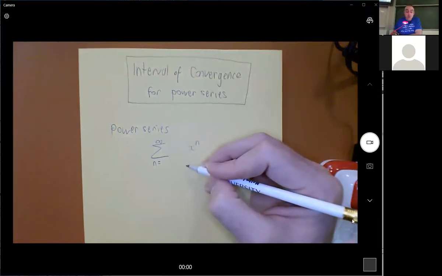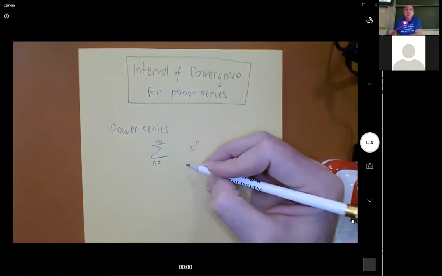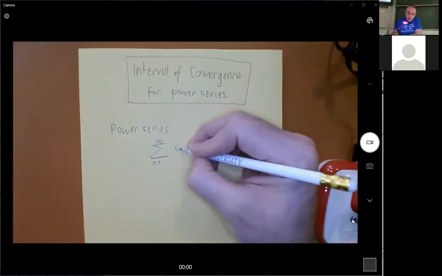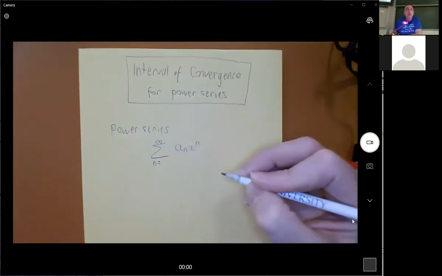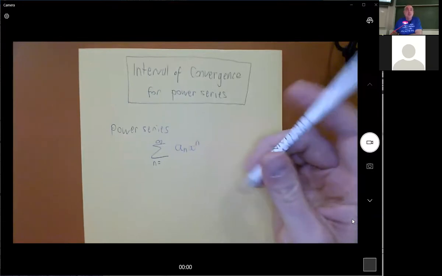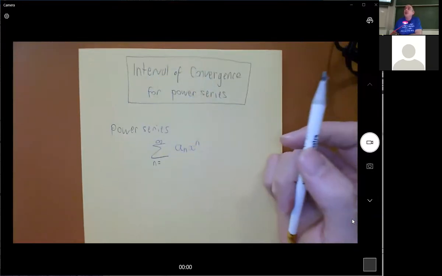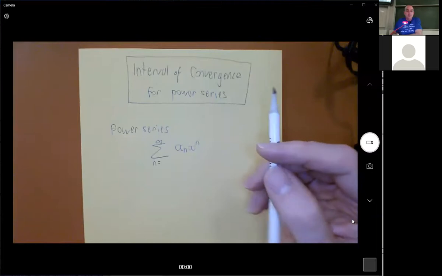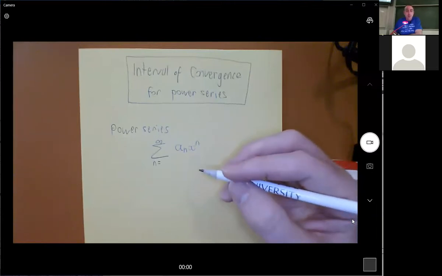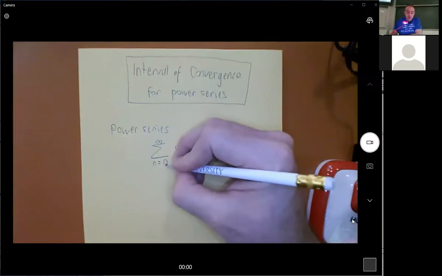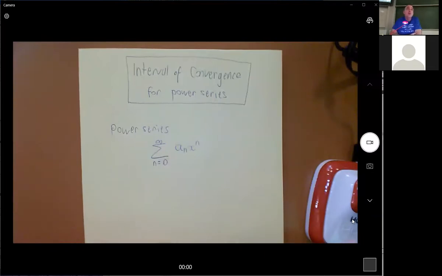It is usually a formula involving n, and most people would call it an, or bn, or cn. It doesn't really matter. And most power series start at 0, but they're allowed to start at 1 or 2 or 500. It doesn't matter. So that's a power series.